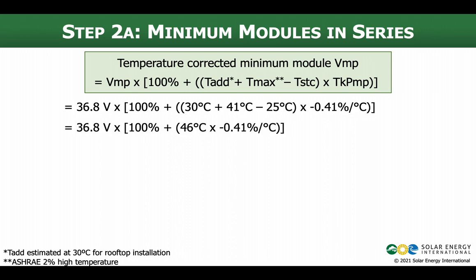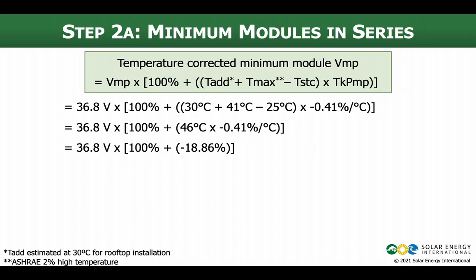We see that we have an overall temperature change of 46 degrees C above the standard test condition temperature. So higher temperature, voltage going down. That's the whole idea here with minimum modules in series. So if you add those temperatures up, we get a 46 degrees C difference, multiply that by 0.41% change for each one of those degrees Celsius, and we see now we're doing a positive temperature times a negative temperature coefficient.